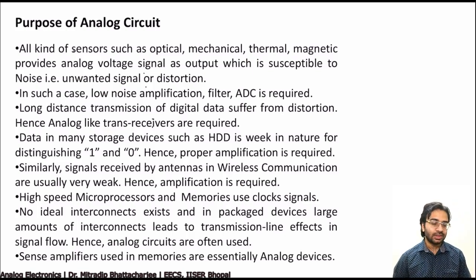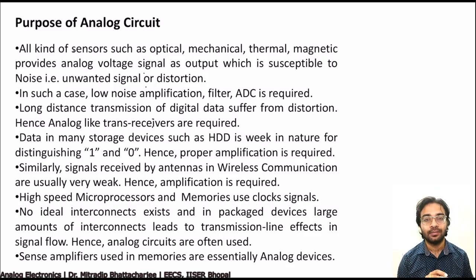Now today we will discuss the purpose of analog circuits, why we use analog circuits. It is written: all kinds of sensors such as optical, mechanical, thermal, magnetic provide an analog voltage signal as output, which is susceptible to noise, which I already have said.